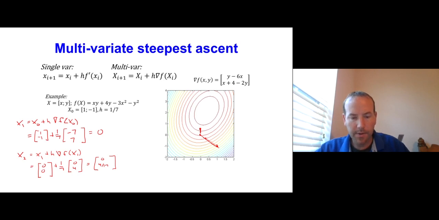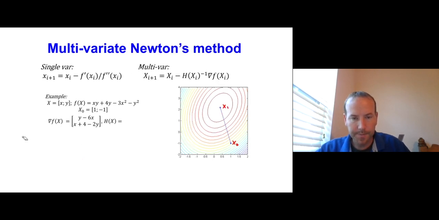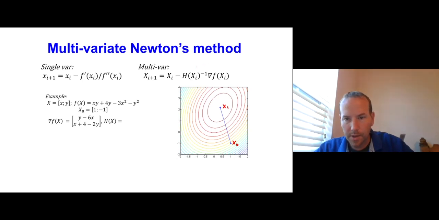Now let's take a look at how to do that with Newton's method. So Newton's method is going to be conceptually similar. We're just going to have to be using this Hessian equation that we have on the top right. So I'll start by writing that out. So the Hessian, you'd start by looking at the gradient matrix and then take each of the derivatives.